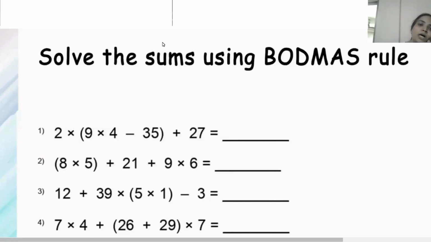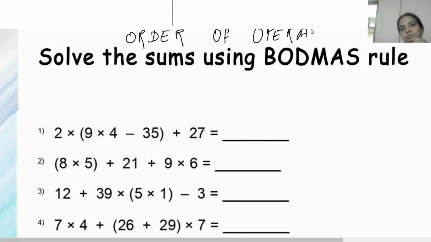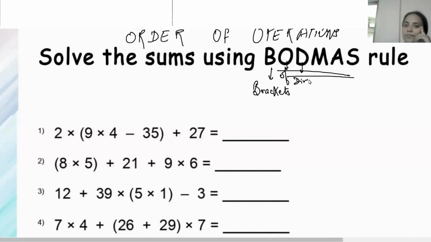Okay. So now we are learning today order of operations. For order of operations, there is a mnemonic called BODMAS, where B stands for brackets, O stands for of, D means division, M means multiplication, A means addition, and S means subtraction.